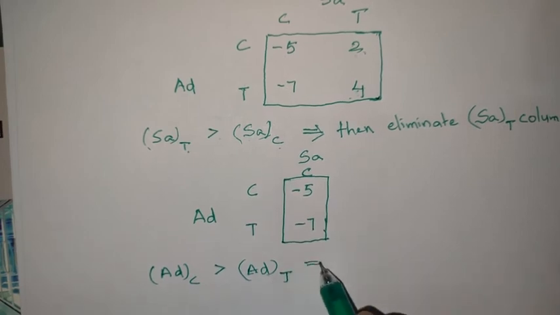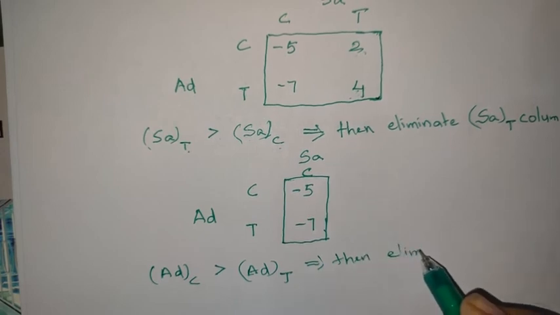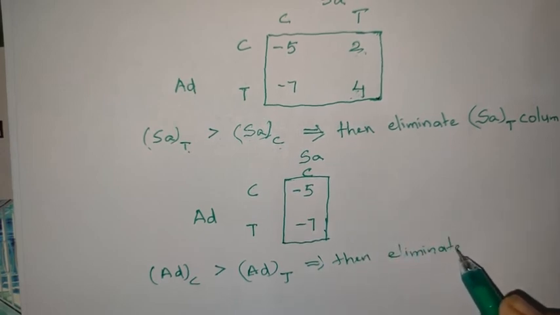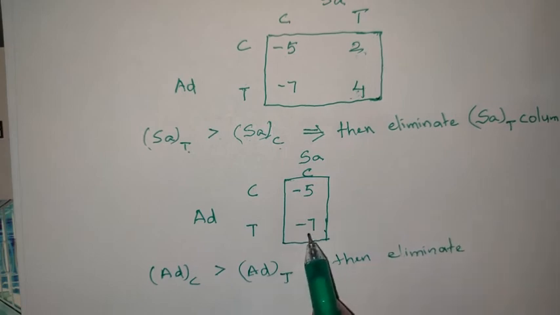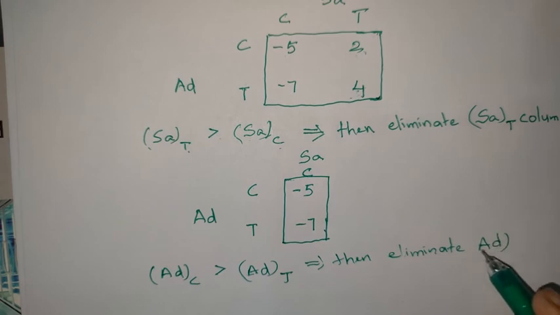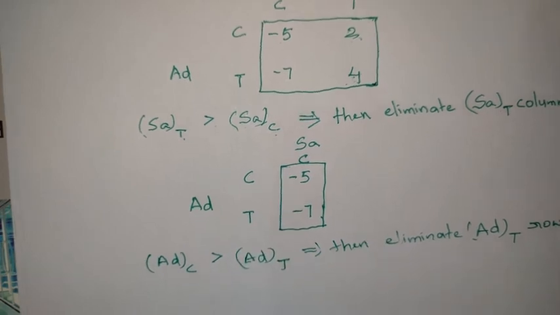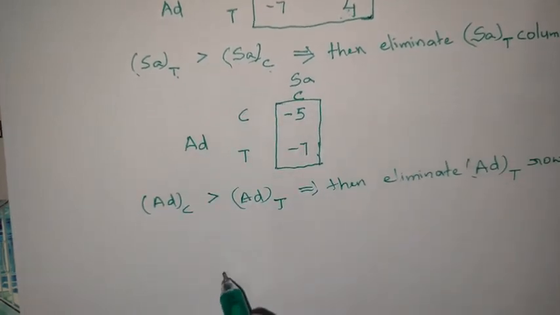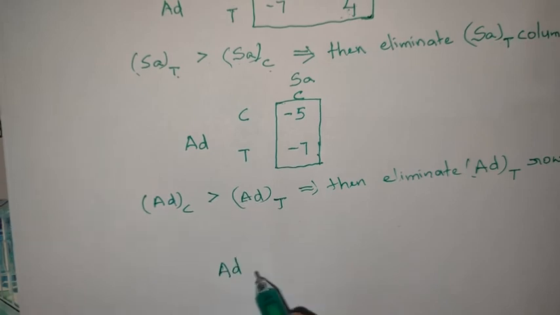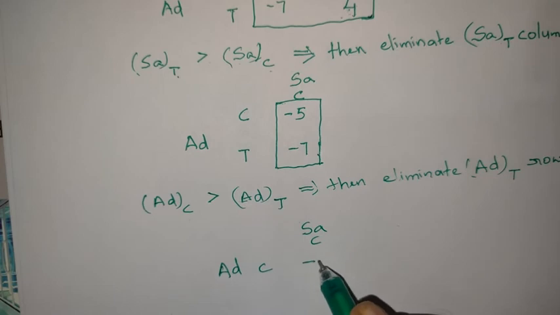So then eliminate the lower value. What is the lower value? Minus 7. The lower value row is the Aditi two-wheeler row. If you eliminate this row, then what is the reduced matrix? Aditi car, Sahiti car. It is minus 5.